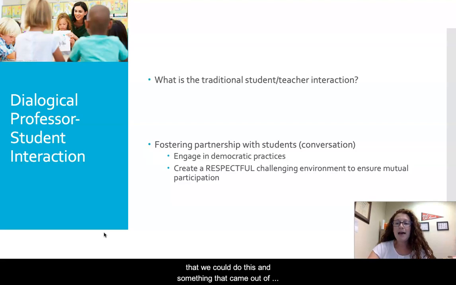And something that came out of our discussion was allowing your students to agree upon how class should be run. So if that is discussing the classroom rules, having the students come up with a classroom constitution, giving them that ability to discuss some of the anxieties that come with what they're going to be learning, and creating a respectful and challenging environment to ensure mutual participation.